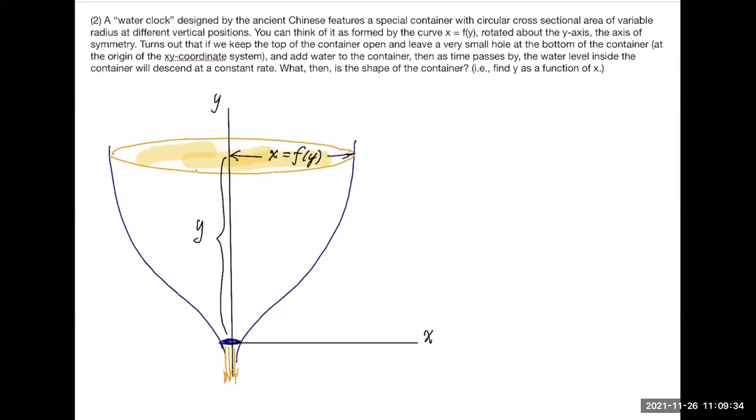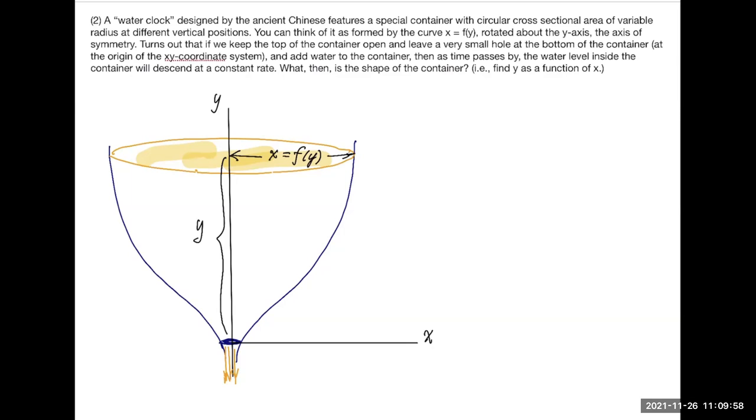So as you go down from the top of the container to the bottom, the radius of the circle shrinks until it reaches the very bottom, where you have a very small hole at the end where water comes out. Now when you fill this open top container with water, water will drip out slowly from the small hole at the bottom.